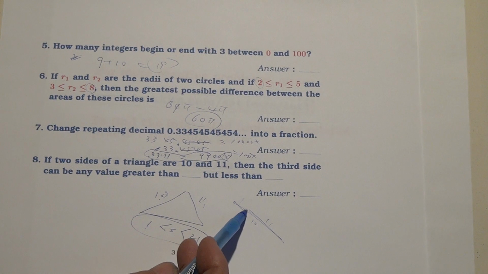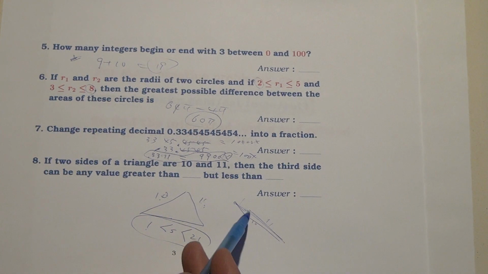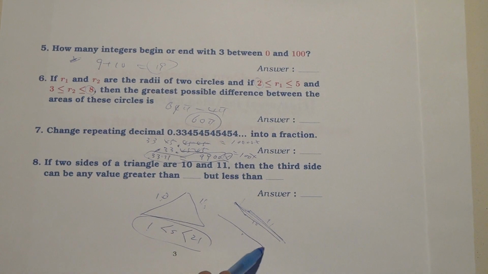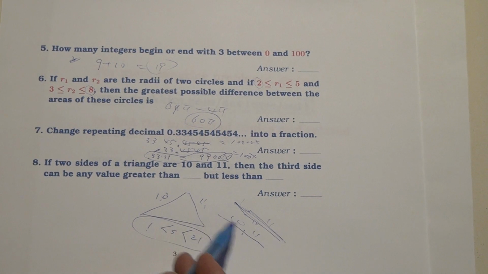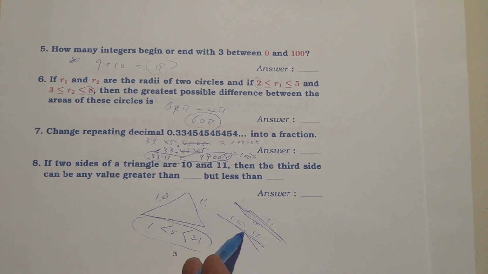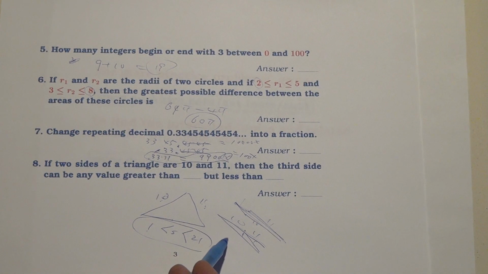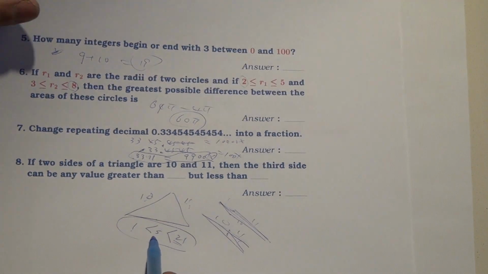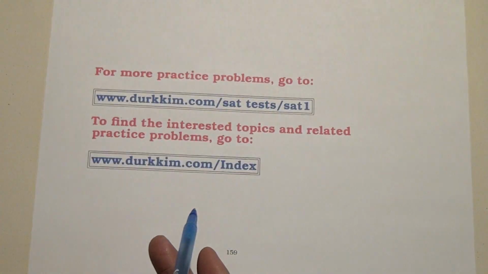Then when they connect here, they rise a little bit, right? Then it can be a triangle. And the other way, 10 and 11 will be 21. If you have 21, again two overlapping lines. So it must be shorter than this, so it will rise a little bit here, right? So it must be less than the sum. Okay? So in this case, the other side must be greater than 1 but less than 21.